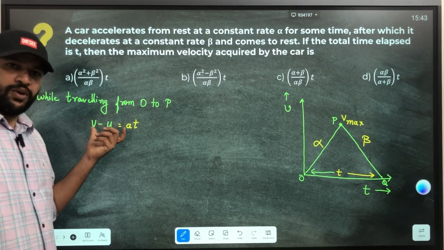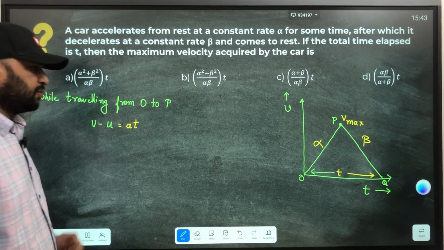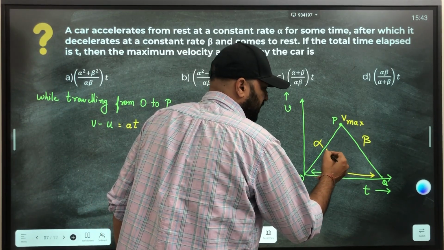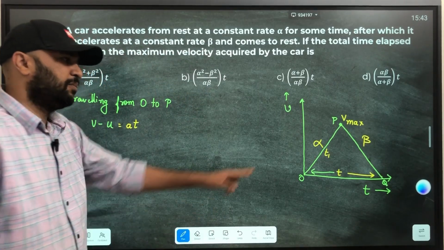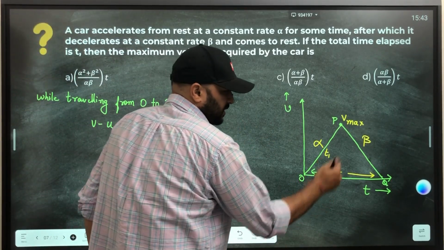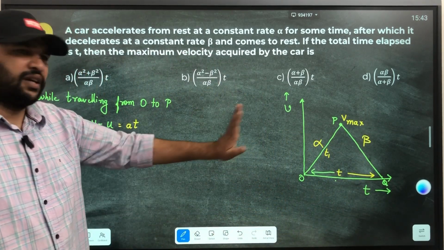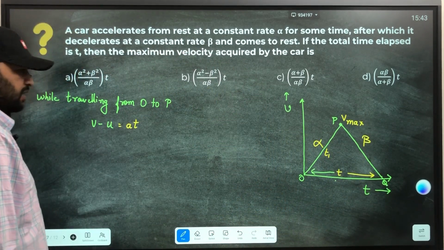Equation of motion. I hope you are familiar with this. Let us assume that while going from O to P, it is taking the time T1. I'm just writing below this. You can split it like this and make it T1 here and T2 here. That's fine. I hope that's not a confusion.